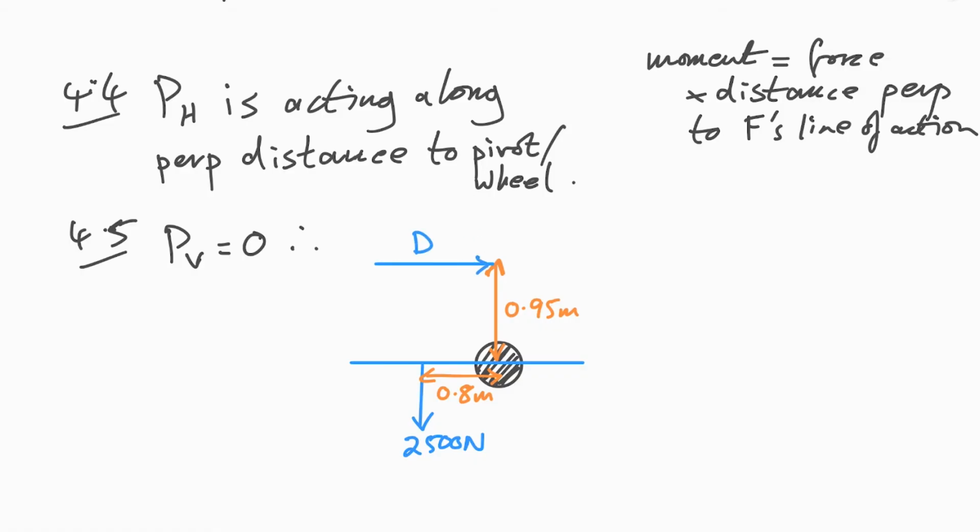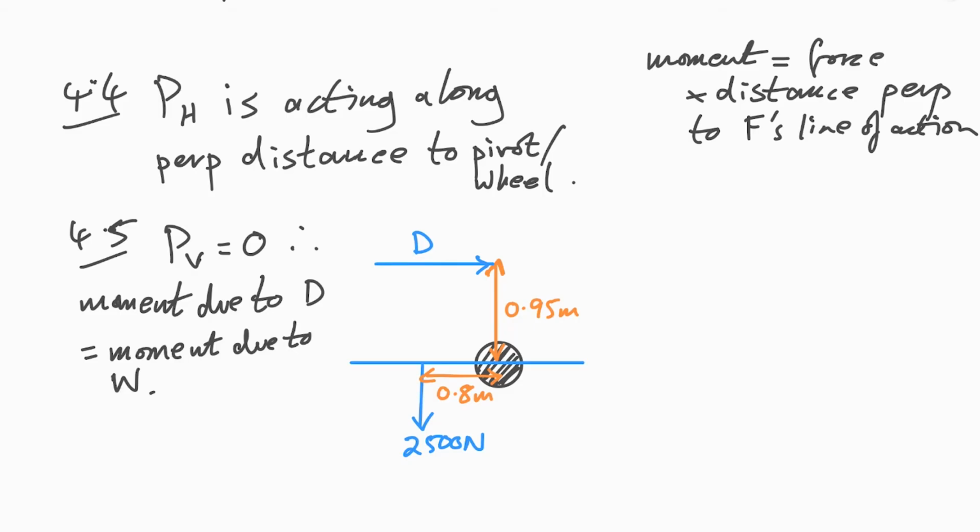So if this is the case, therefore, moment due to D equals moment due to weight. If they're equal, then there doesn't need to be a moment due to PV. So we can just say 2,500 times 0.8 is equal to 0.95 D. Those are our two moments.